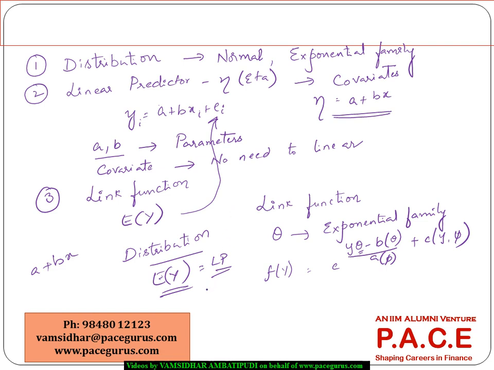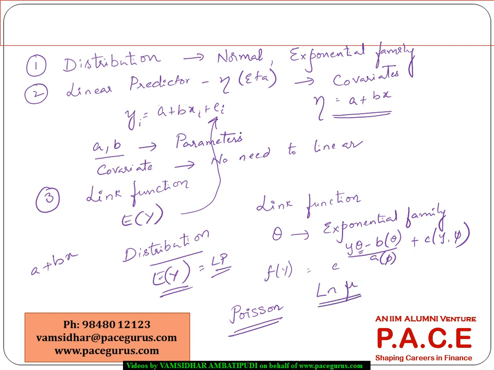So here it does not require any kind of link function. Whereas if my data follows a Poisson distribution rather than a normal distribution, the link function would be of the form log mu.